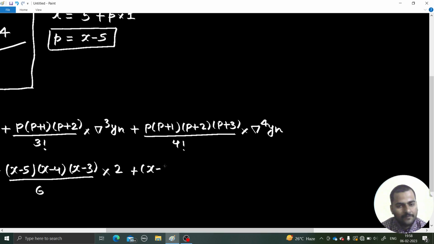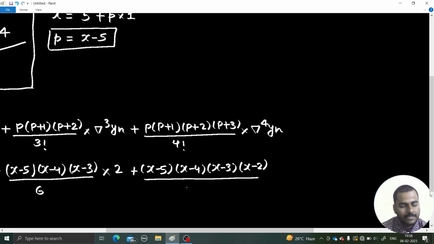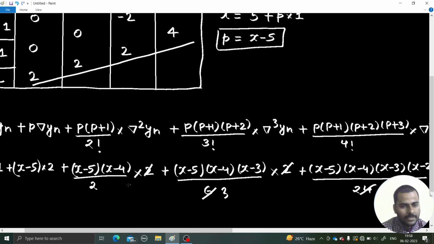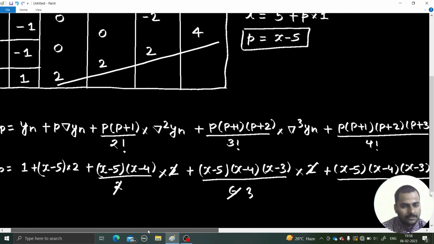x minus 5, if you add 1 you will get x minus 4, if you add 2 you will get x minus 3, if you add 3 you will get x minus 2. 4 factorial is nothing but 24, and fourth difference is 4. If I cancel this out, you will get 6 here, you will get 3 here, this will get cancelled.